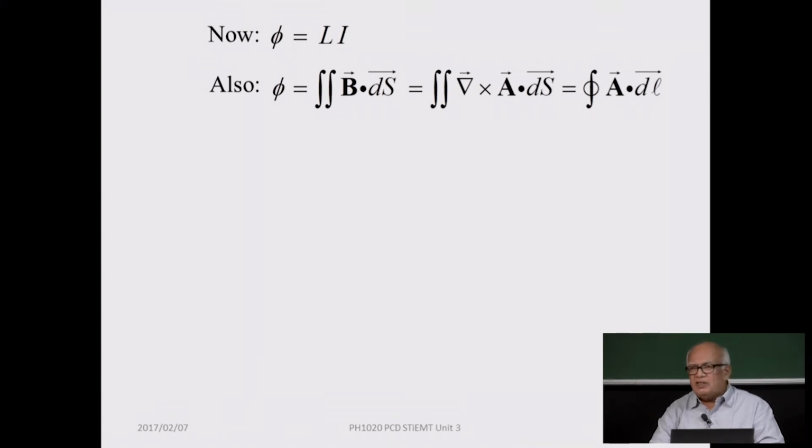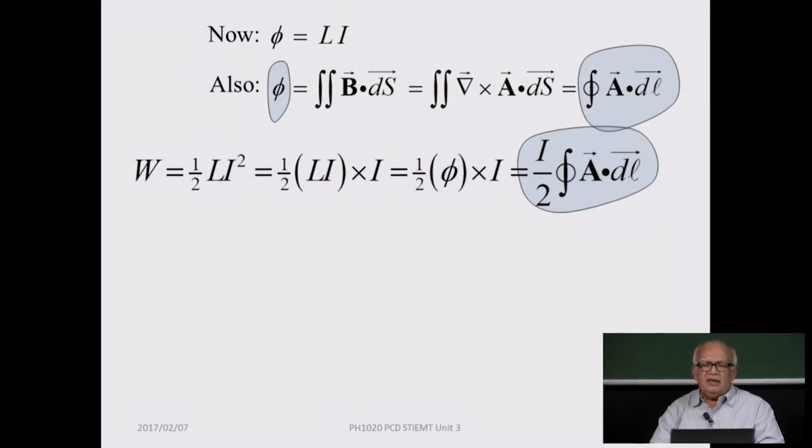The flux is the surface integral of the magnetic field B. So, you can equate the two and you see that the work done, which we knew was half Li square, is given by half phi I times this flux we can write in terms of the integral A dot dl, because the surface integral of curl of A is nothing but the line integral of A, where we have used the Kelvin-Stokes theorem. Okay?